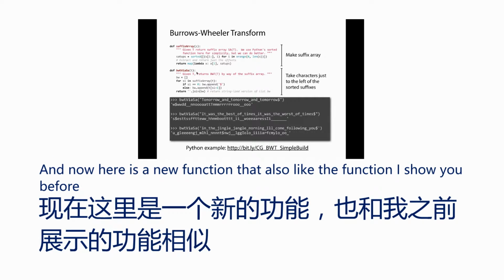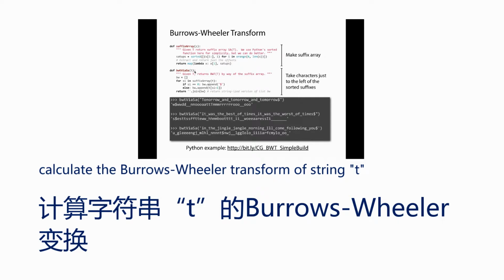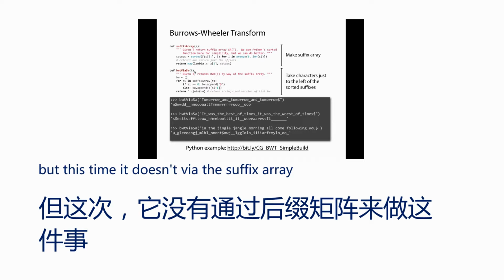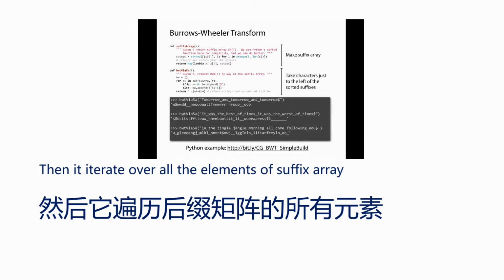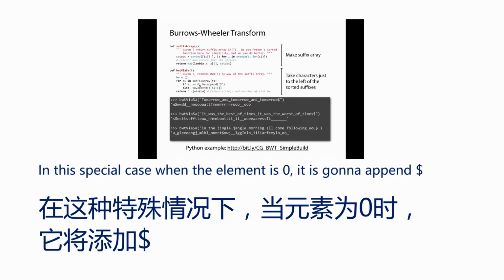And now here's a new function that also, like the function I showed you before, calculates the Burrows-Wheeler transform of the string t, but this time it does it via the suffix array. It initializes a new array where it's going to hold the Burrows-Wheeler transform. Then it iterates over all the elements of the suffix array. In the special case where the element is 0, it appends a dollar sign.